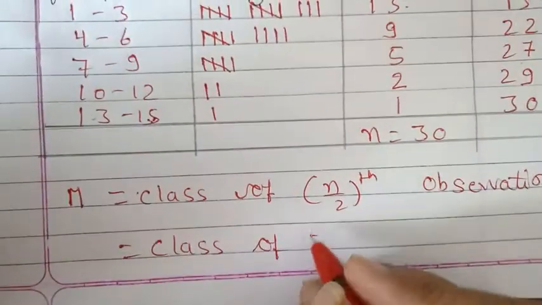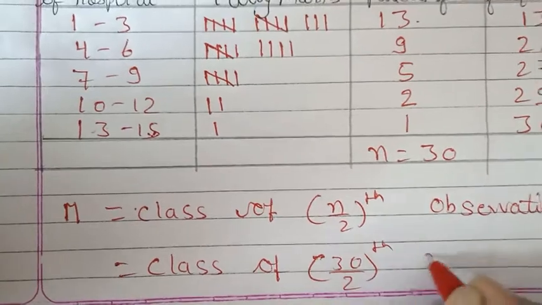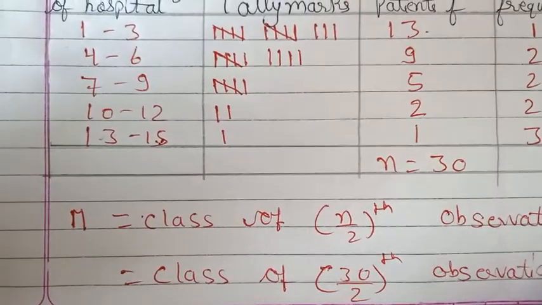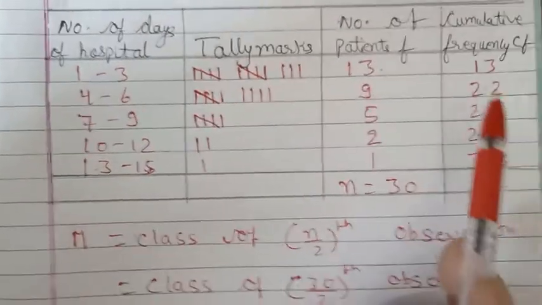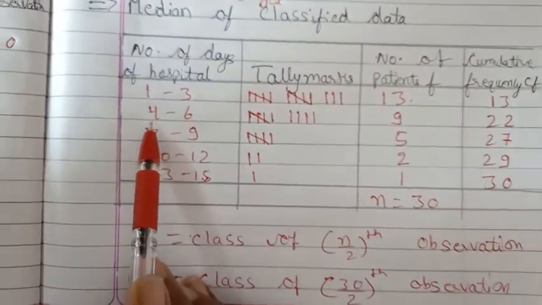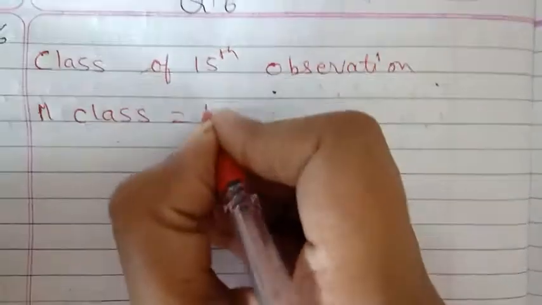So the class of 30 upon 2th observation. Now 30 divided by 2 is 15. Here the 15th observation is there. As we can see, the 15th observation will come in the second row. So our median class is 4 to 6.